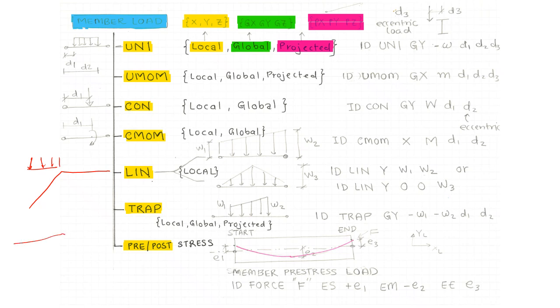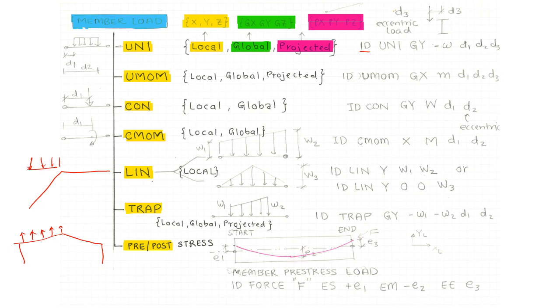But if I have a roof, portal frame, where the load acts parallel to the ridge, we can apply it along the local axis. So we can apply local, global, and projected.